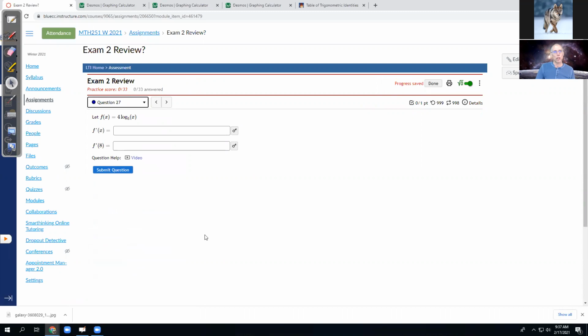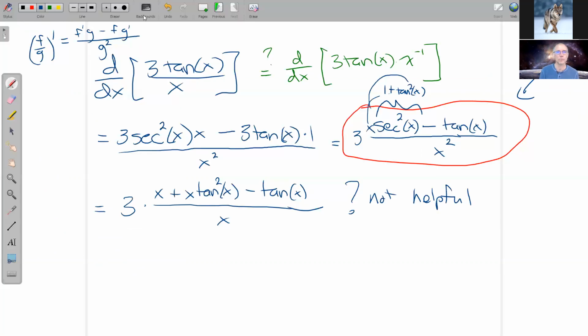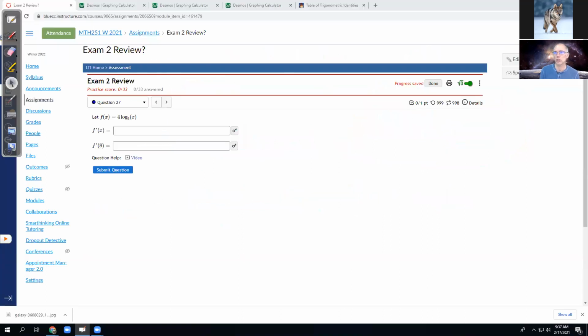Yes, so my recommendation on logs yesterday, if it's not ln, is to rewrite it as an ln, which is the easiest way to do it. Otherwise, you have to memorize the formula. So for log base 5 of x, and oops, let's go back a second. It wanted, oh, then to plug in 8 after.